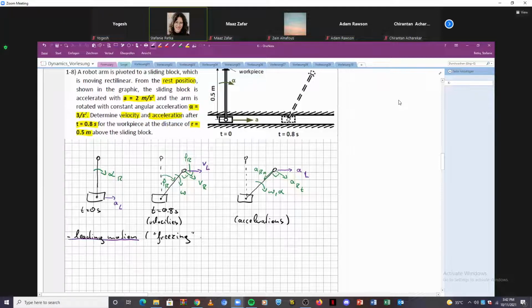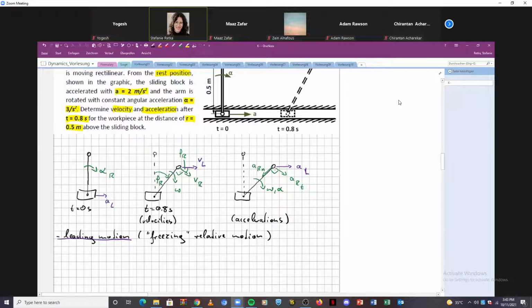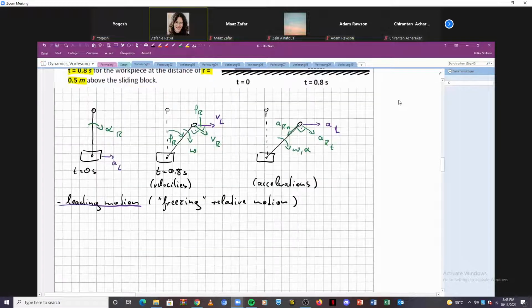So freezing relative motion means we are only considering the leading motion, so no rotation in our system. Our leading motion is rectilinear.